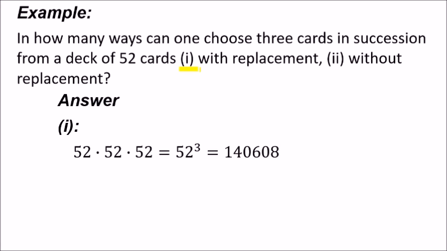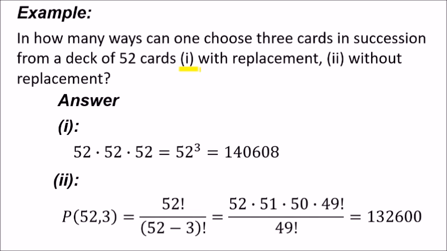So the number of possible outcomes of each procedure is the same. In the second case, after choosing one card, we will not return it to the deck. So what is left for the second procedure is 51, and then for the third, 50 cards are left. Let us use the fundamental principle. The first procedure has 52 possible ways, the second procedure has 51 possible ways, and the third one has 50.